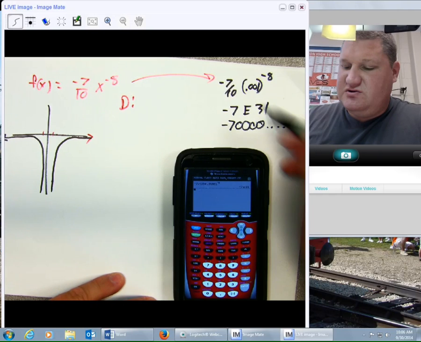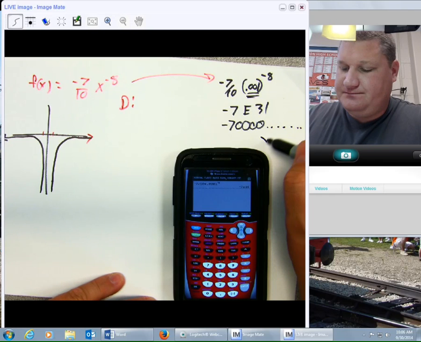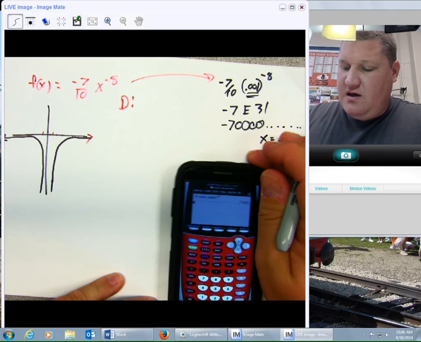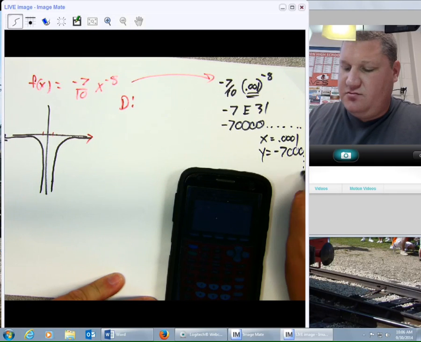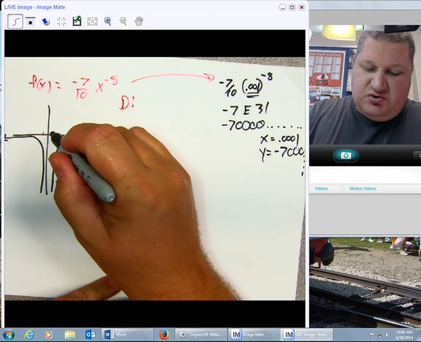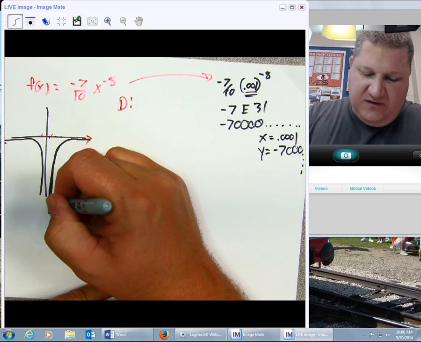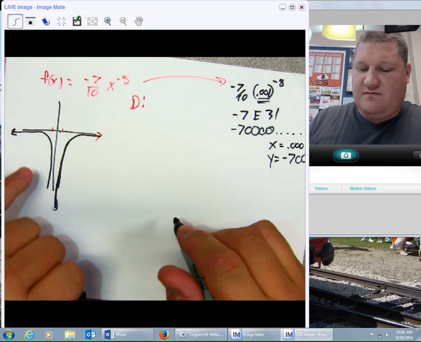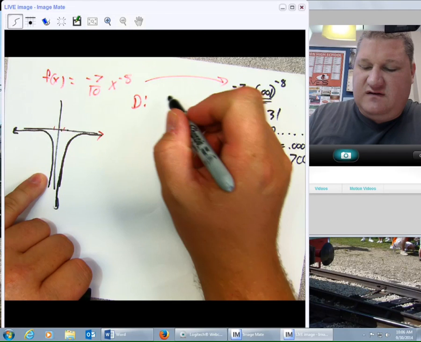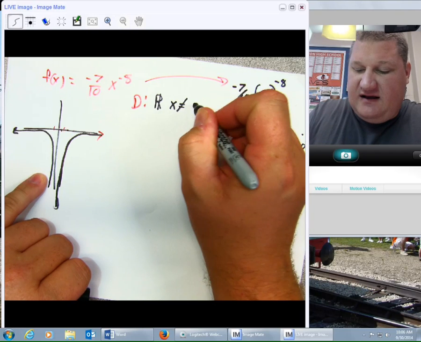So by putting in a small x value, I'm going to get a y value that's really huge. So what it says is this gets really close and gets infinitely close, but it goes way down. I could do the same thing from the negative side, but what it's going to tell me is that my domain is all real numbers except x can't equal 0.